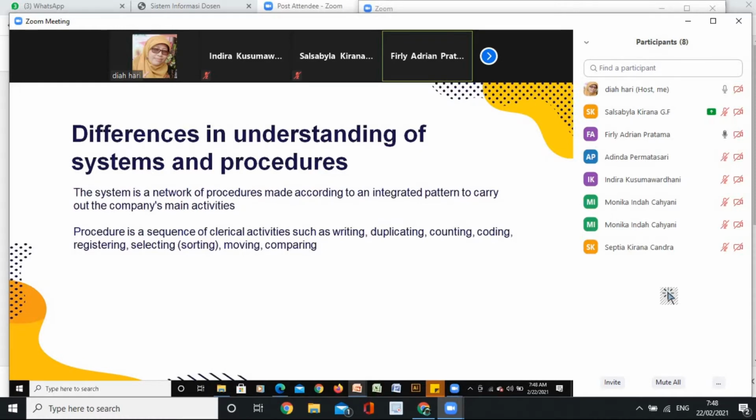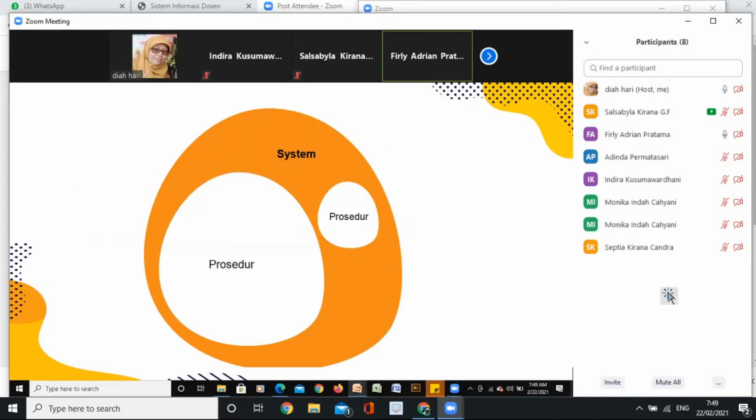But a procedure is a sequence of clerical activities such as writing, duplicating, counting, coding, registering, selecting or sorting, moving, and comparing. Next. So the procedure is a part of the system. Next.